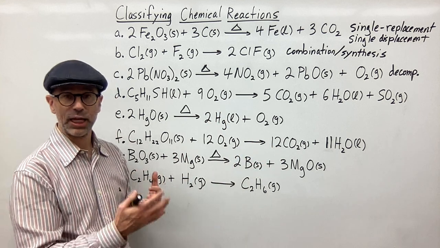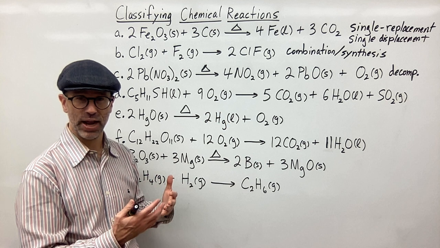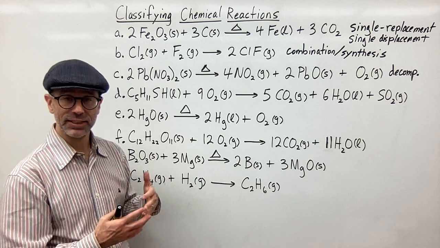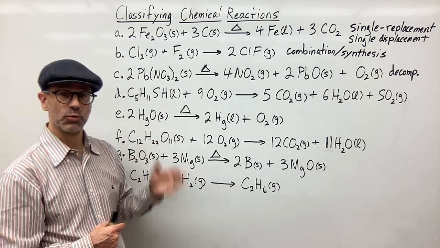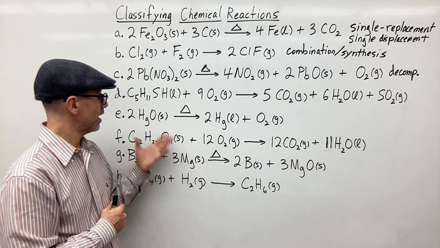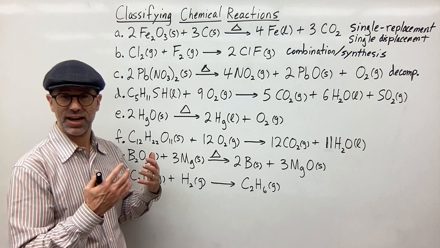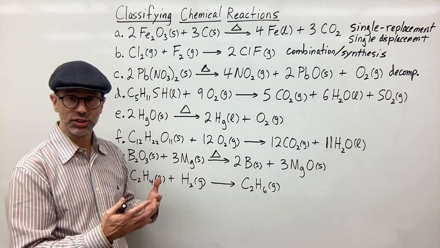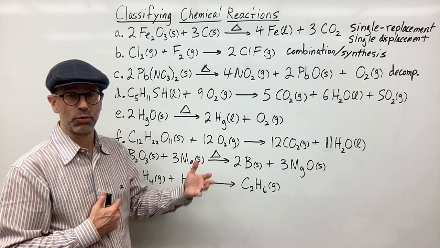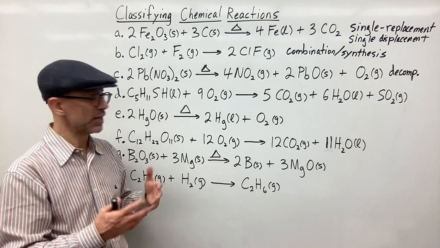You might label that as a combination reaction or synthesis reaction, and it would be, but that's not the best answer because it's reacting with oxygen. So if you have oxygen as a reactant, that would be more properly labeled as a combustion reaction. Even though it can also be labeled as a combination reaction, the combustion would be the best answer.